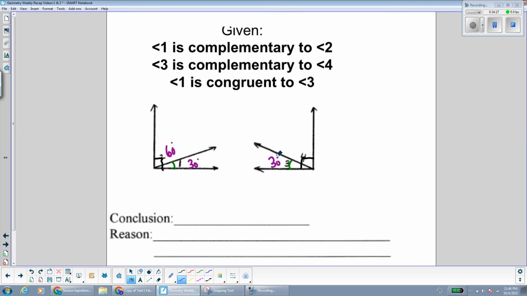And then there's no other choice for angle 4 to be 60 degrees, the same as angle 2, because together angle 3 and angle 4 need to make 90 degrees. So we can see here that angle 3 and angle 4 have no choice but to be congruent to each other. So we actually have two ways that we can justify this.